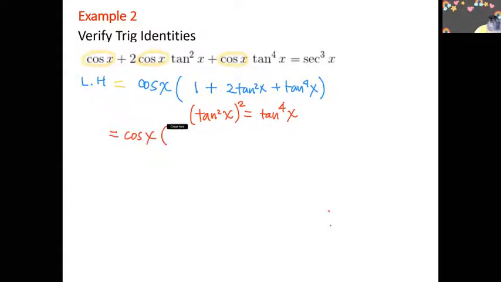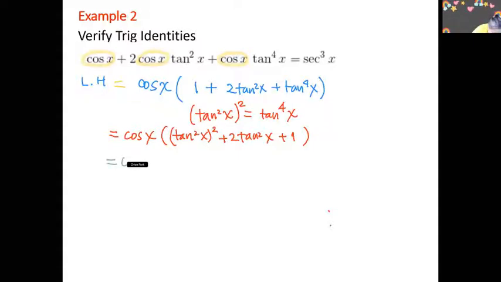Then this is tangent square of x, squared. Then I'm just rearranging the terms for the convenience of the trinomial factoring. Then 2 tangent square of x, and plus 1 here. Okay. And now I'm ready to factor the inside.